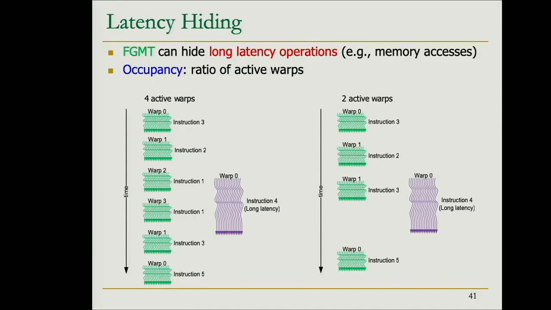Any idea what this limitation is? Don't think about any program. Just think about the architecture. Think about a fine-grained multi-threaded architecture. We can have up to a maximum number of warps.